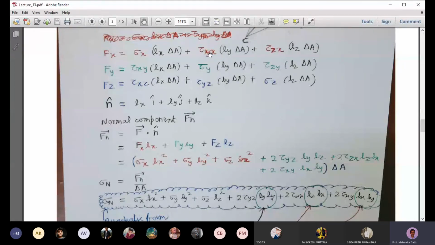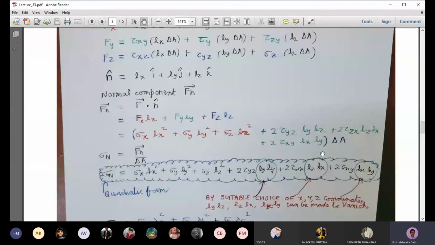And we have tau yx Lx Ly and tau xy Lx Ly, so these two will add up and we get 2 tau xy Lx Ly. Similarly, we get 2 tau zx Lx Lz and 2 tau zy Lz Ly. So these terms are all multiplied by delta A.